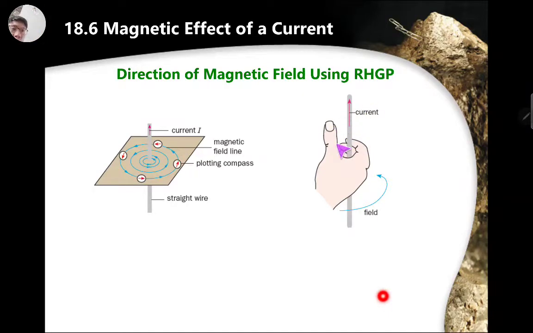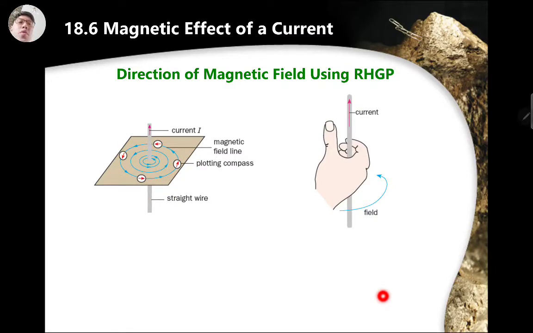The current is flowing upwards, so your thumb points upwards. And then your fingers will curl around the wire in the direction of the field. So because your fingers are curling around this way, the field also curls around this way, and so the field is anti-clockwise around the current, like so.